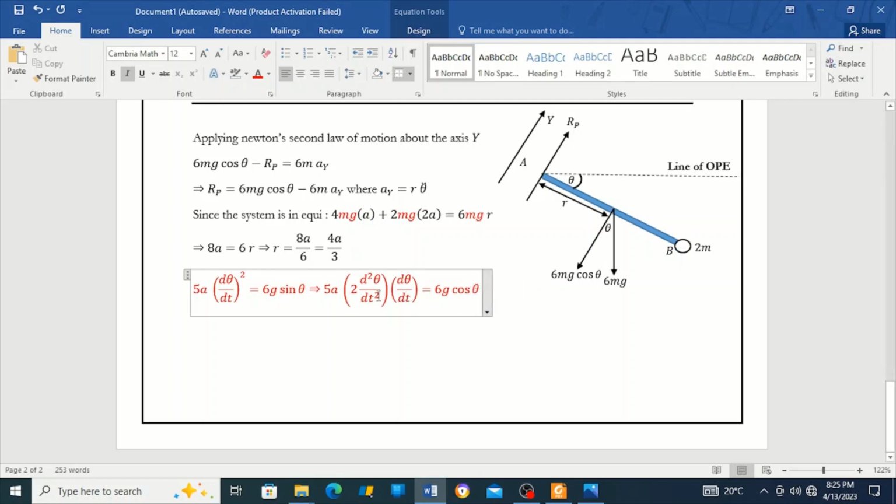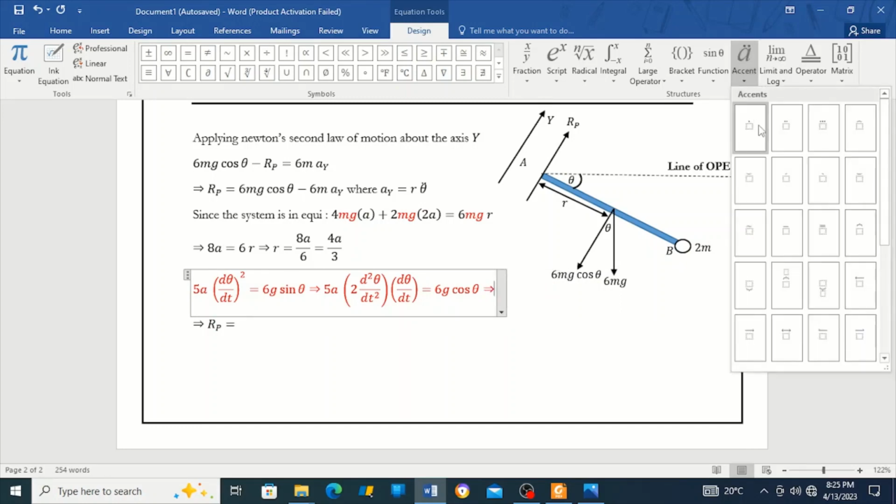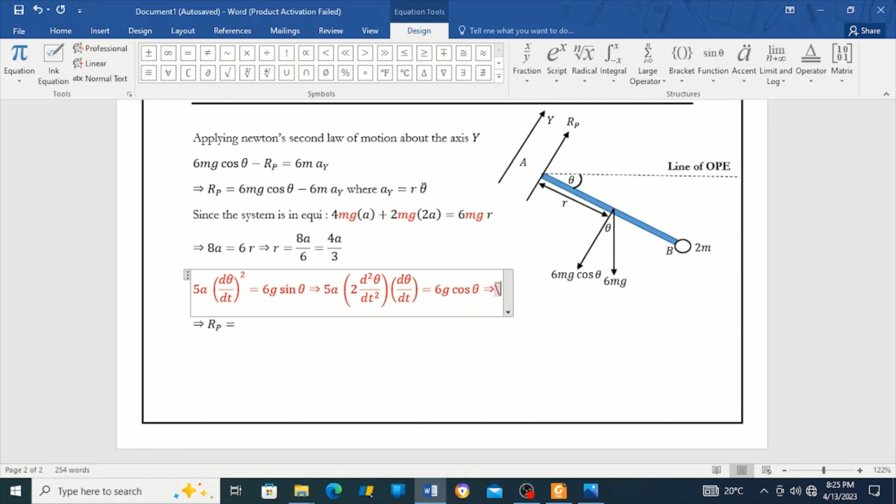Alright, now this square theta by dt squared is theta dot dot, because it is the second derivative of the angular displacement with respect to time. So this therefore means that, let us get theta dot dot. I'm just going to write it in a short form this time around.